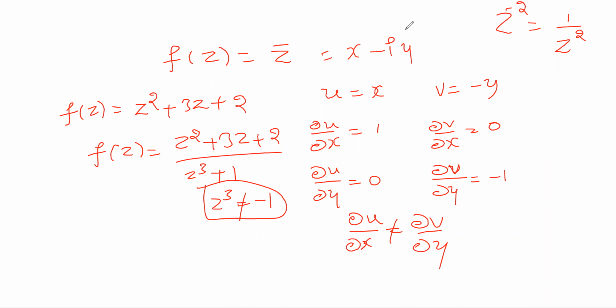At which point is the function not defined? At z equals 0. So z equals 0 is the zero of the denominator. Except at the point z equals 0, the function will be analytic everywhere. Only at z equals 0, the function will not be analytic. Understood?